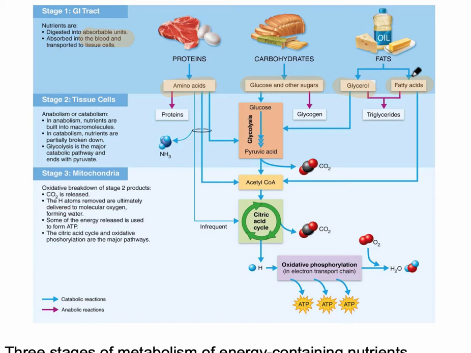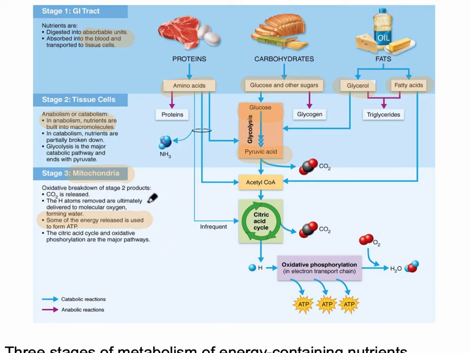So once these monomers are absorbed into the bloodstream, now the tissue cells can use them for metabolism. And one of the examples of metabolism would be the catabolism. The glucose is broken down into a smaller molecule called pyruvic acid. And the third step is the mitochondria. The mitochondria, you've learned, is the main site for ATP synthesis.